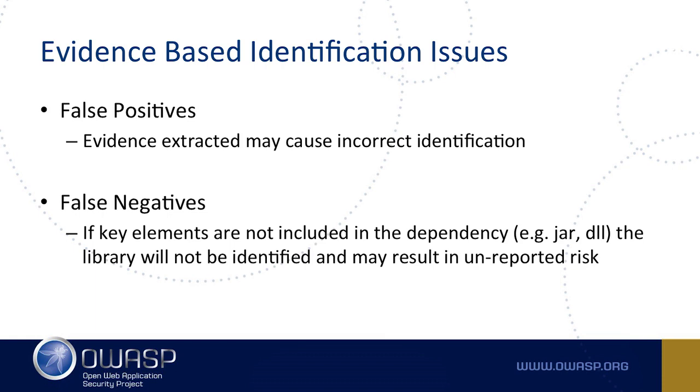However, false negatives also occur. If there are key keywords that are not in the jar files, for instance, like Pivotal is not listed anywhere in the 3.2 version of the Spring Framework. I've come up with a way to deal with that, obviously, but that is also a problem with this.